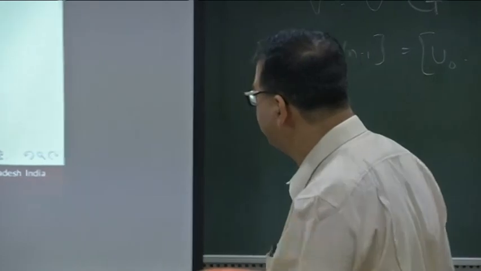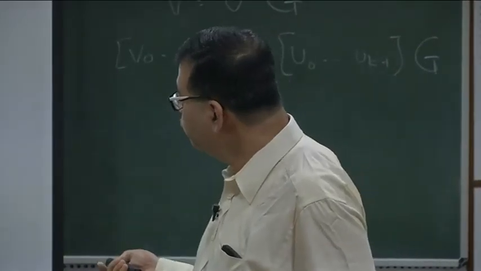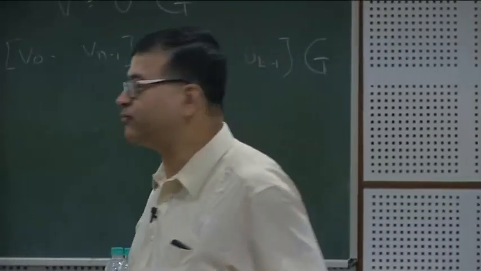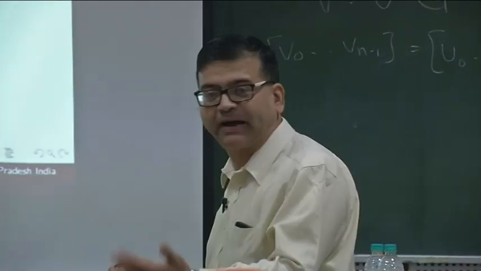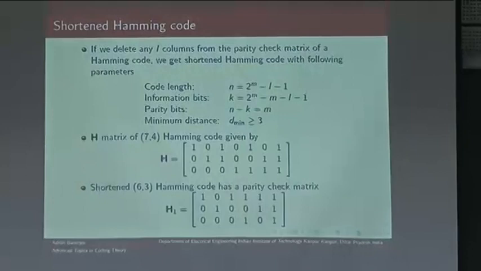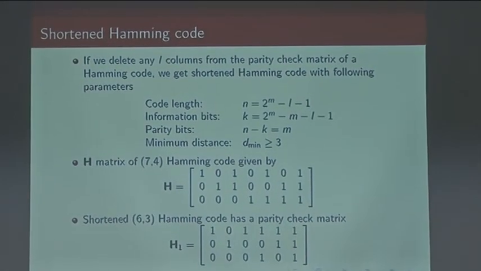For example, if I ask you to design a 6,3 code, you can take a 7,4 Hamming code and then shorten it to make it a 6,3 code. So, this L is just a parameter I am describing to define how many columns you need, because when you remove L columns, you are decreasing k also, and you are decreasing n also in case of shortening.